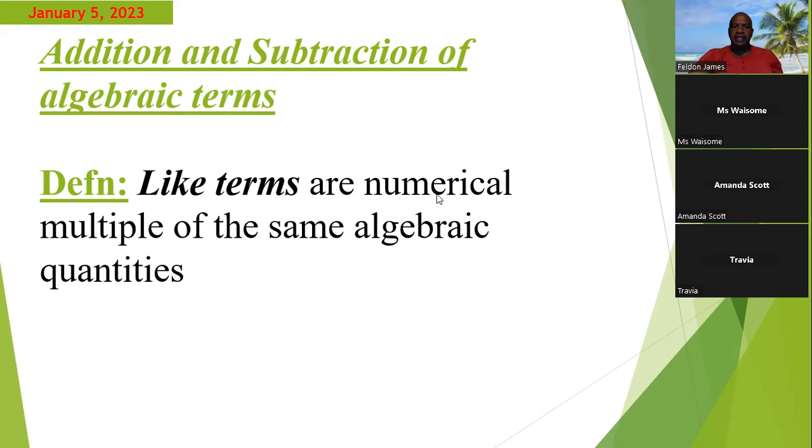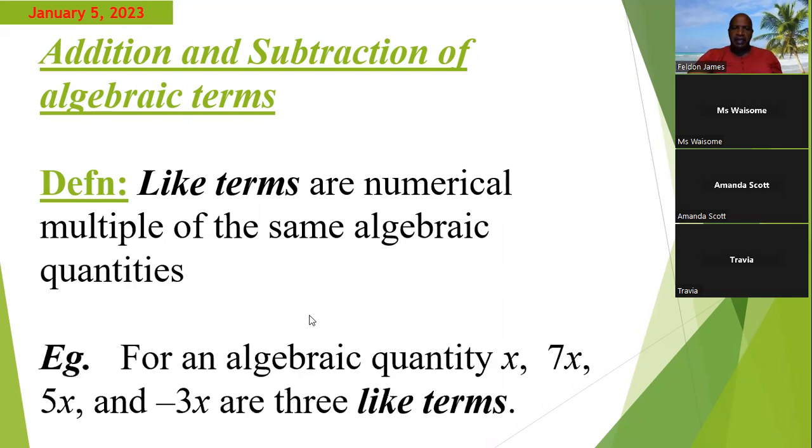Because it is the coefficient that multiplies the term. That's why we say numerical multiple: once you're multiplying by a number, you can have different coefficients of the same term, and they would be multiples of the same term, right?